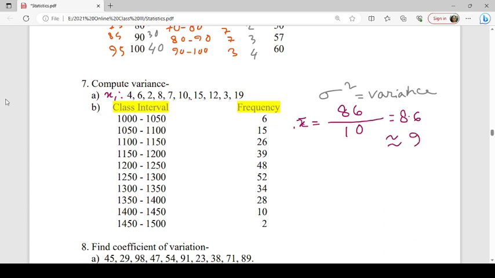Then we write xi minus x bar, xi minus 9.